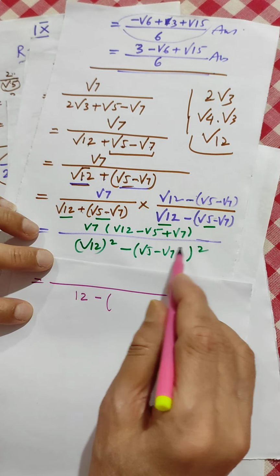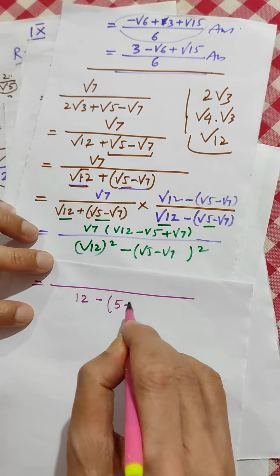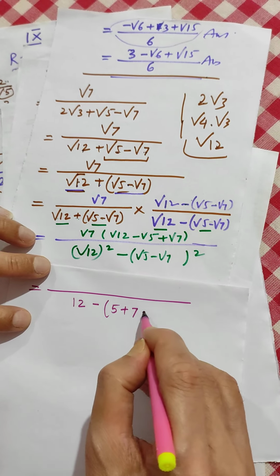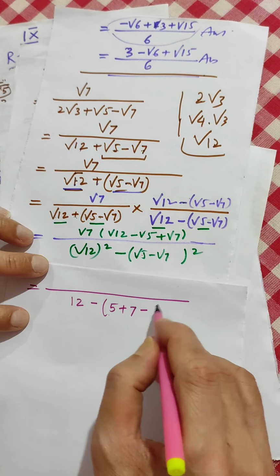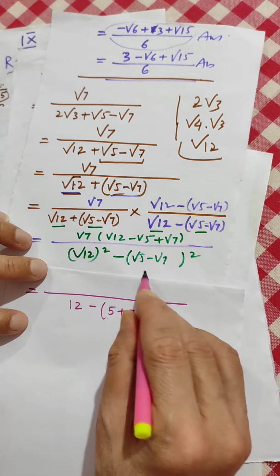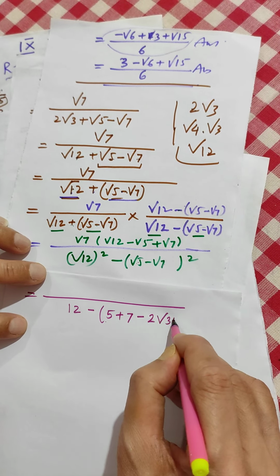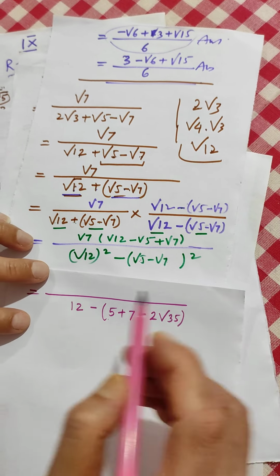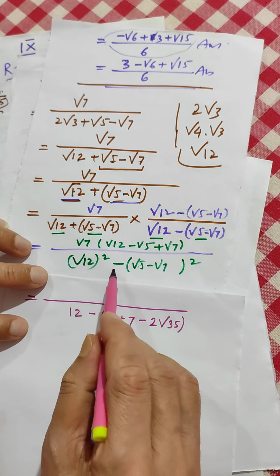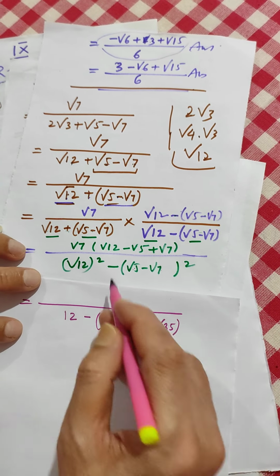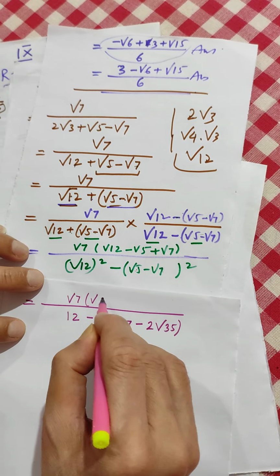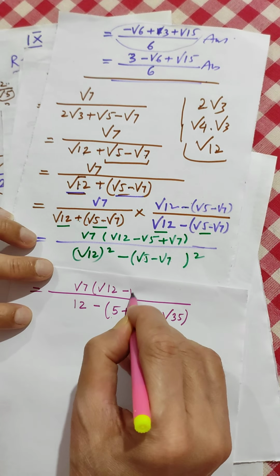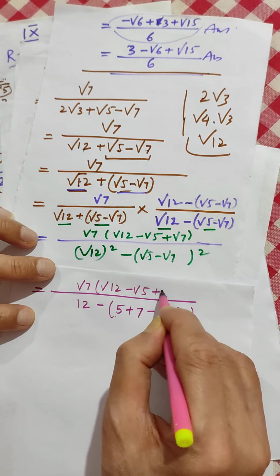Now a square, root 5 square is only 5, plus root 7 square is only 7, minus 2 twice ab. A square plus b square minus twice ab, that is 2 root this into this, 35, root 35. Okay, so this is a square 12 minus b square, so we keep the bracket. Now numerator root 7 into root 12 as it is, minus root 5 as it is, plus root 7 as it is.